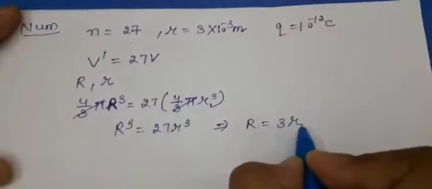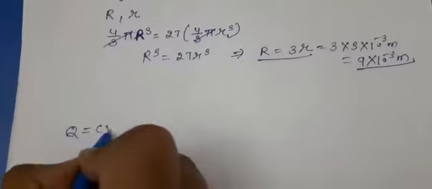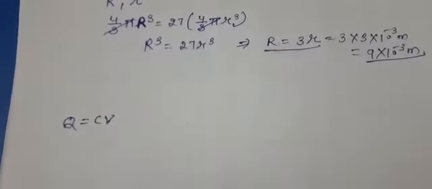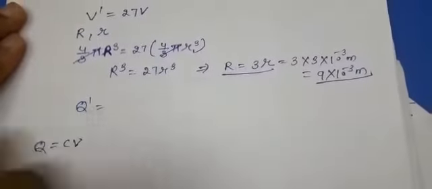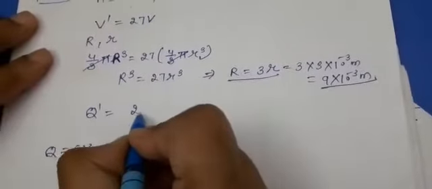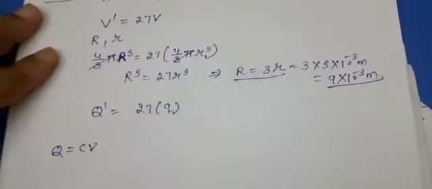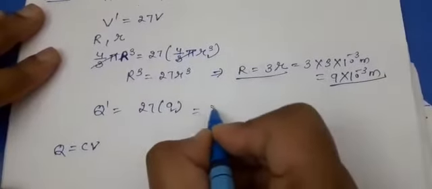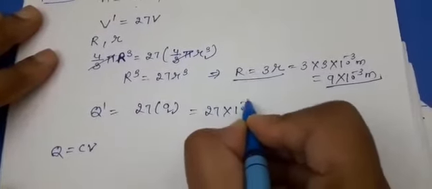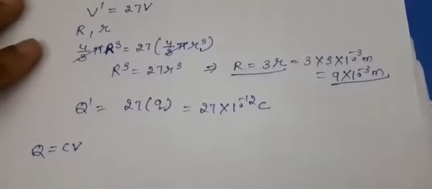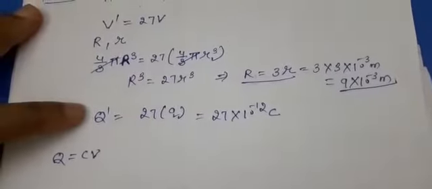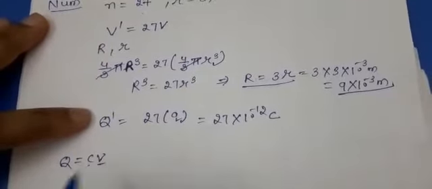So for that, Q equal to C into V. From this result, what we require first of all is the charge of the big drop, which is 27 times the charge on a small drop. So it will be 27 into 10 raised to the power minus 12 coulomb. Now that we have taken the charge, we have to find its potential and capacitance.